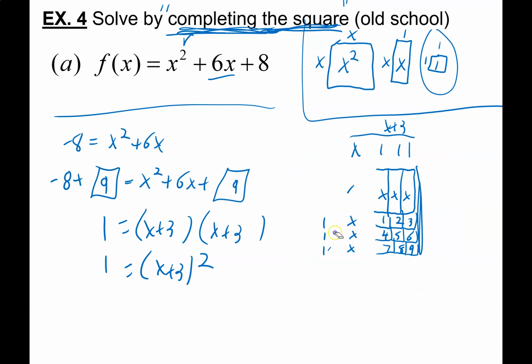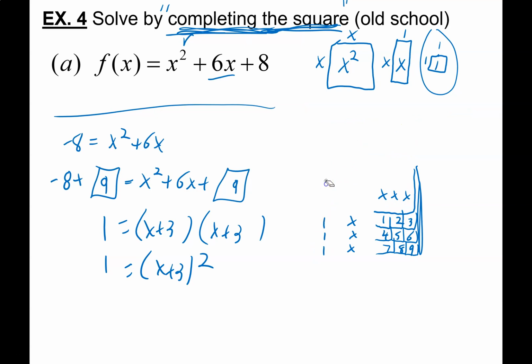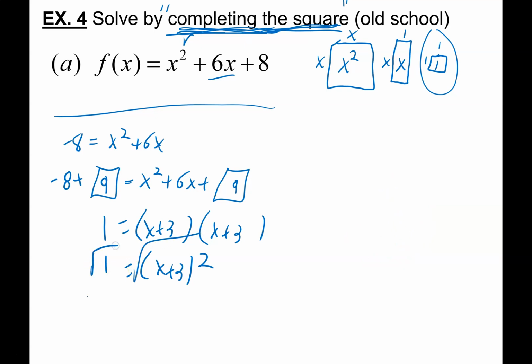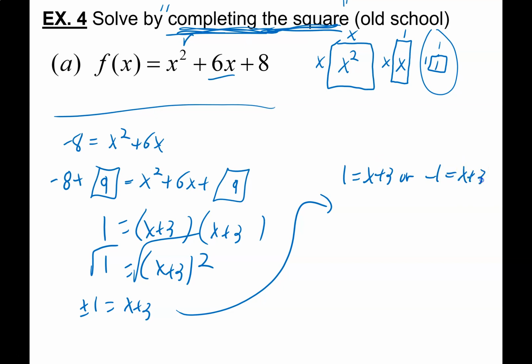So why do I take the b over 2 and square it? It's the same thing I did here. You have to take your half of the x's and split it up on both sides. So then I just solve algebraically. I square root. So I get plus or minus 1 is x plus 3, which means that either 1 is x plus 3 or negative 1 is x plus 3.